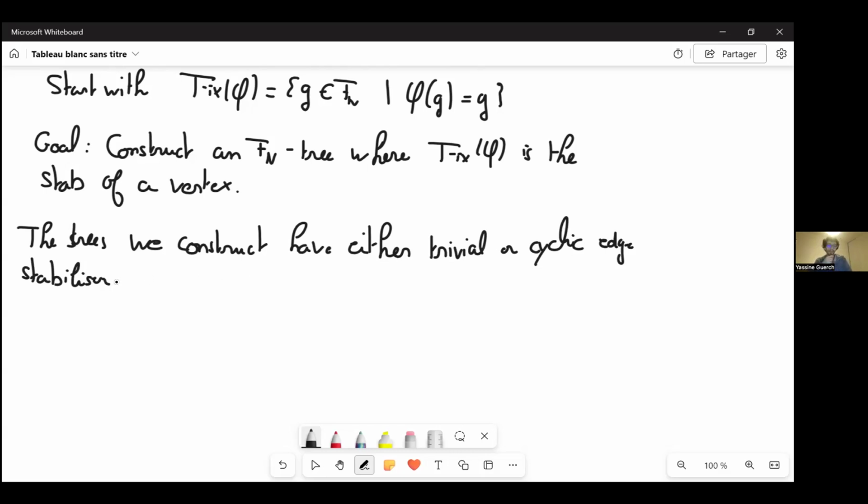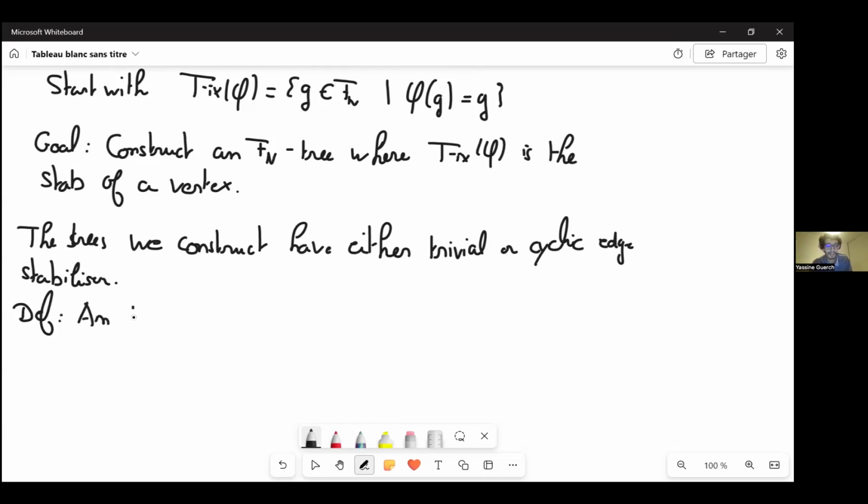And so first, there will be different cases according to whether you can find an FN tree where fixed phi stabilizes a point, and which has trivial or cyclic edge stabilizers. So we'll need some definitions.